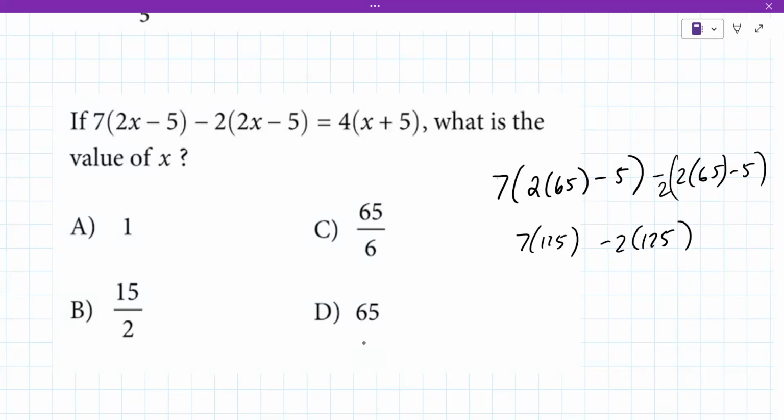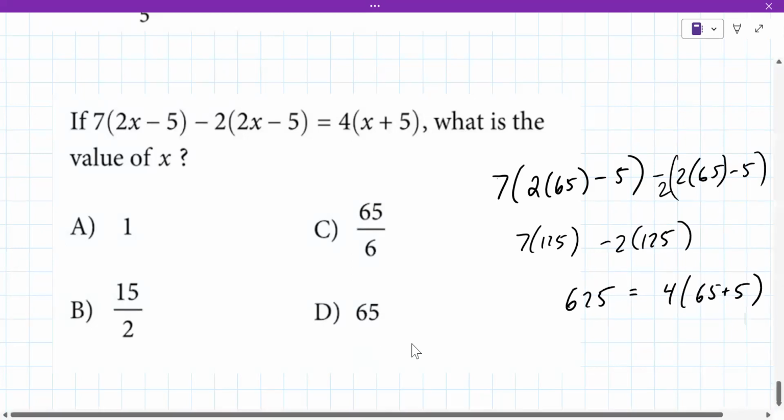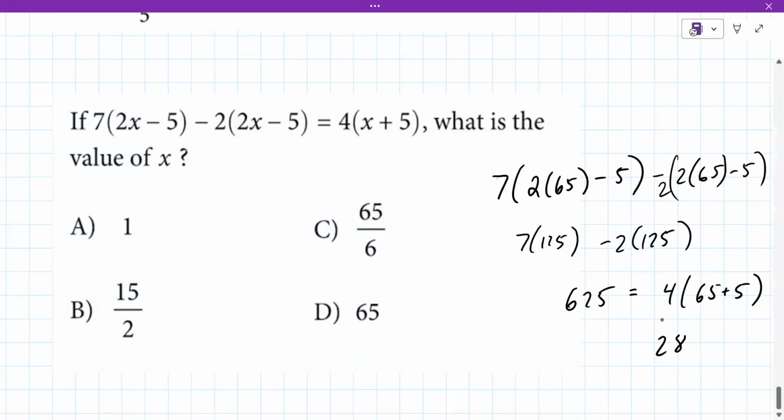So this ends up being 5 times 125 or 625, which is fairly large, but let's just take a look here. 4 times 65 plus 5, that's 70 to 80. So these are not the same.